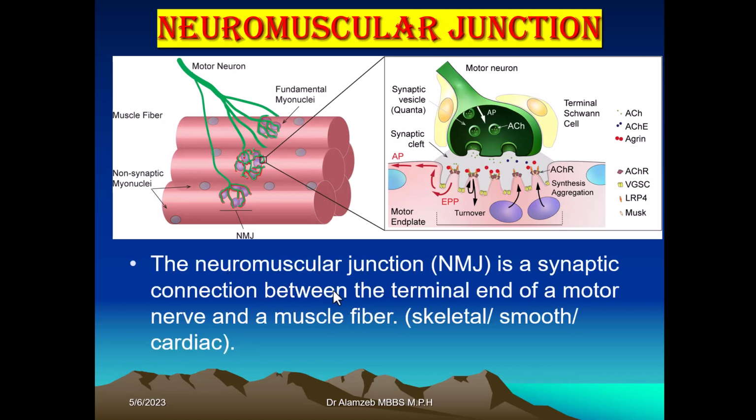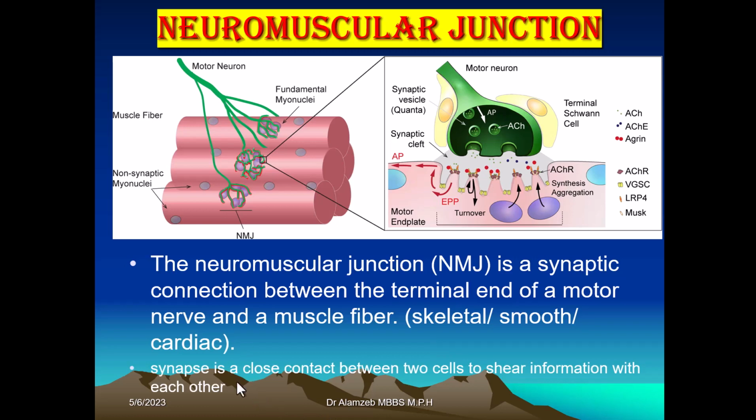The neuromuscular junction is a synaptic connection between the terminal end of a motor nerve and a muscle fiber. Muscles are skeletal, smooth, and cardiac muscles.